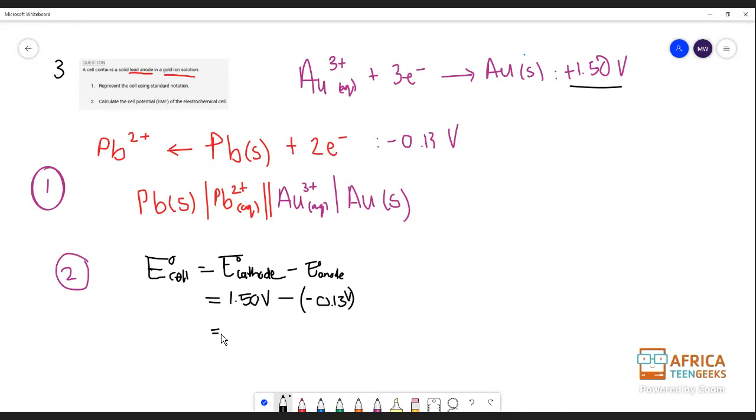And that gives you an overall value of positive 1.63 volts. Remember yesterday I said that if it's a positive value, it means that it is spontaneous. So this is a chemical reaction that will just occur and you can actually produce a battery out of it. If it was a negative value, it would be non-spontaneous. Okay, so that was the one example.